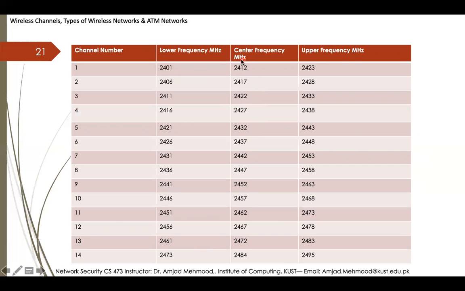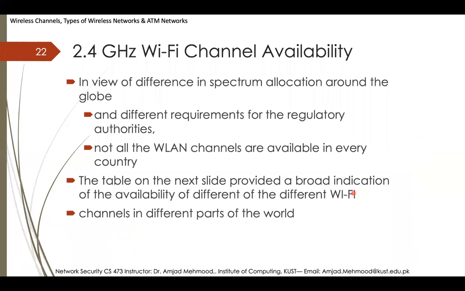If you remember this one, you can remember all of these. So we have 14 channels, and these are the lower and upper frequency ranges of each channel. Now I'll show you where they are available on the next slide, like in this way.